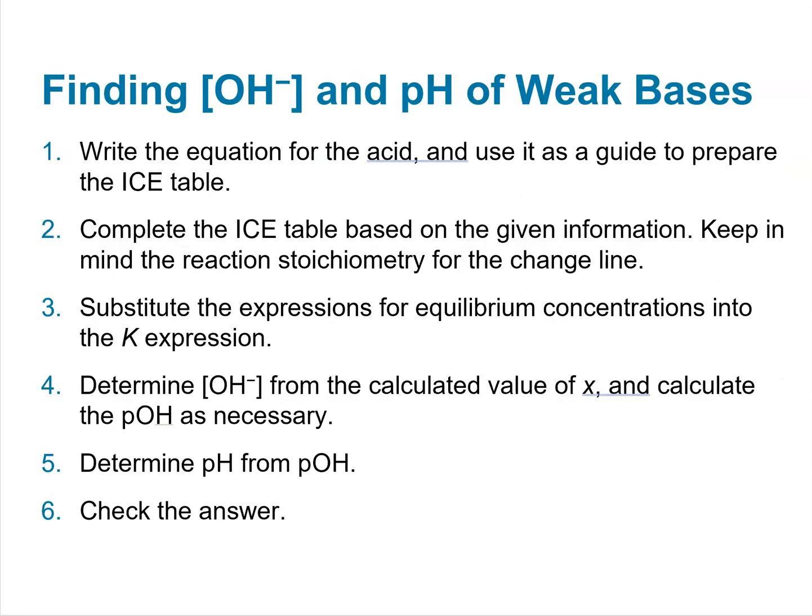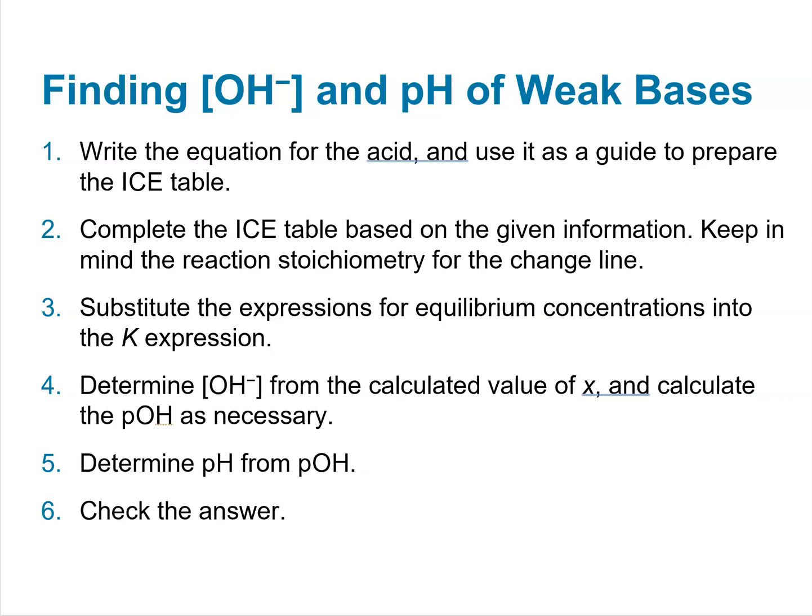So how do we find the concentration of hydroxide and pH of weak bases? Well, it's very similar to weak acids. First, step one, write your equation for the base and use the guide to prepare your table. And then you just fill out your ICE table like you would normally, keeping in mind your stoichiometry, of course.